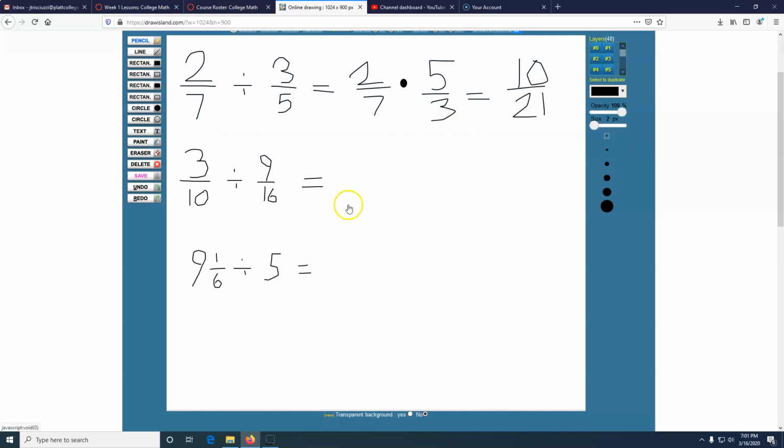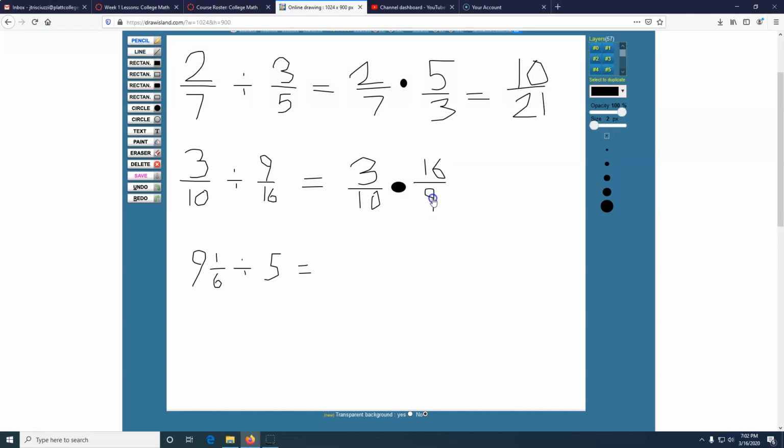For the next one, keep, change, flip, 3/10 times 16 over 9.